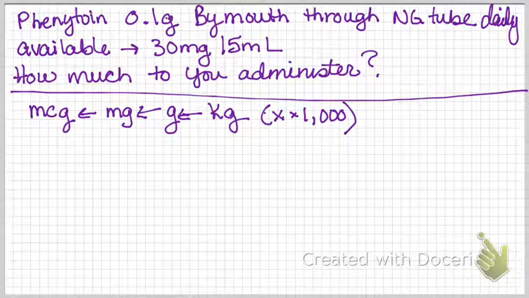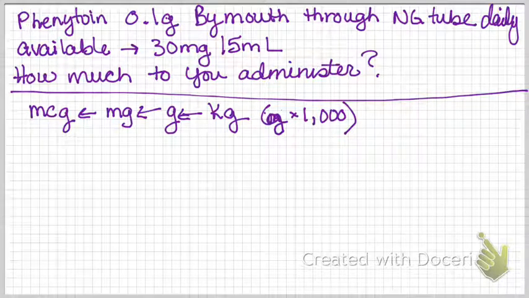All right, so actually let's do this to make it easier. Milligrams, or you do your grams times 1,000. Or what you can do is move the decimal place over.